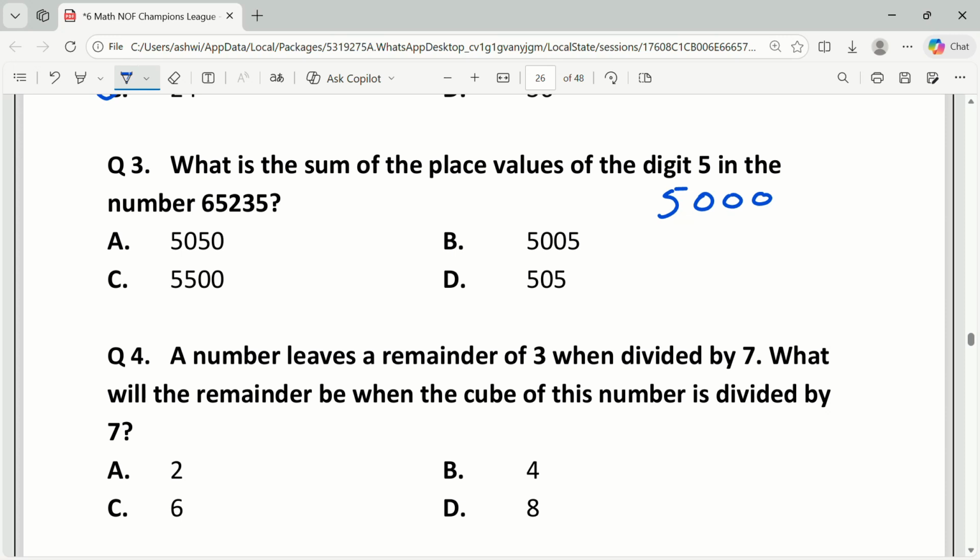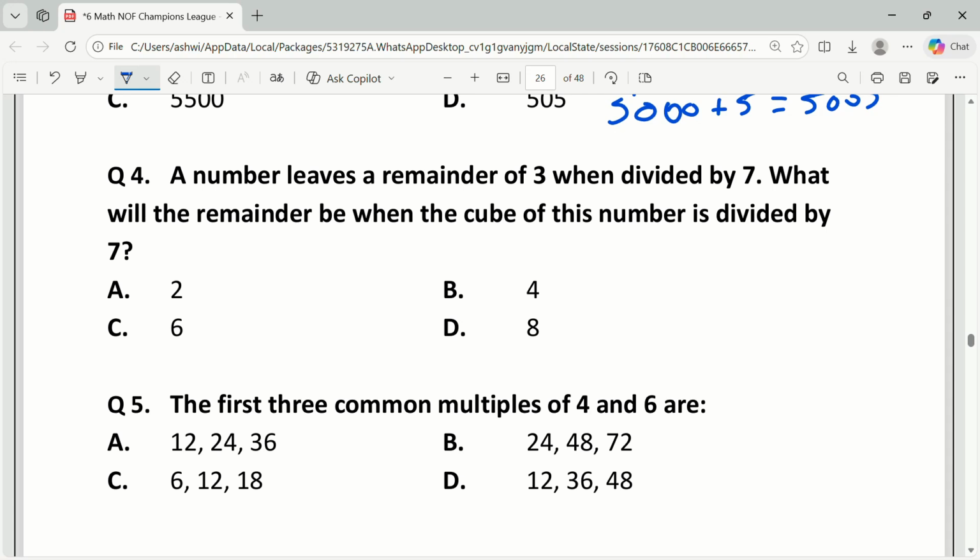The second 5 is in the ones place, so its place value is 5. Adding both place values, the sum is 5,000 plus 5, which is equal to 5,005. Comparing with the options, the answer is B, 5,005.